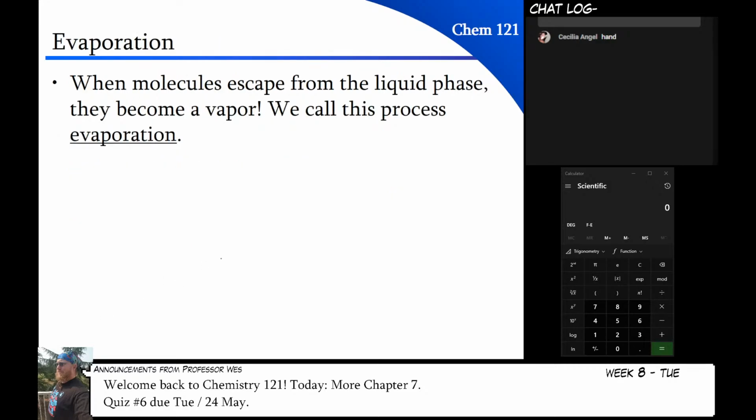All right. Now, we're going to focus particularly on the liquid to gas transition phase here. The reason that we're going to focus on this is because this process doesn't necessarily happen at a specific temperature. This process happens all the time.